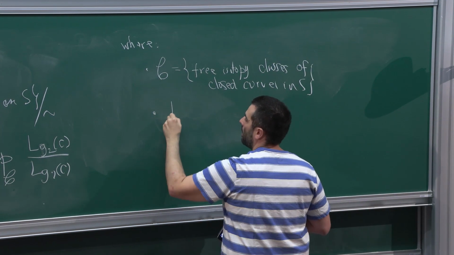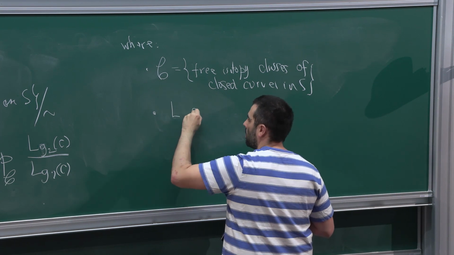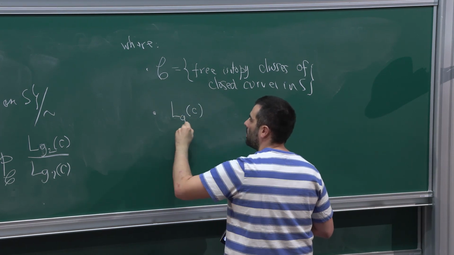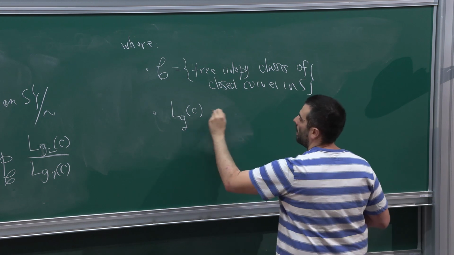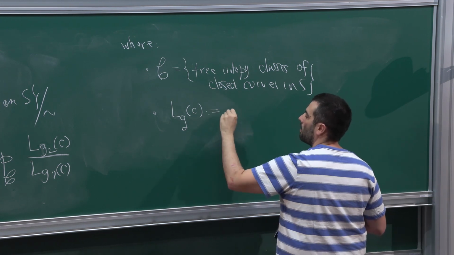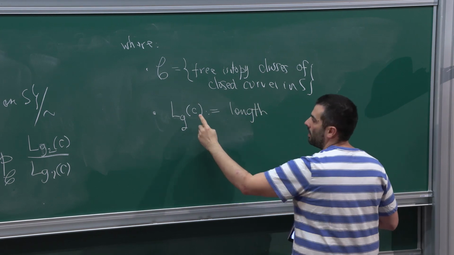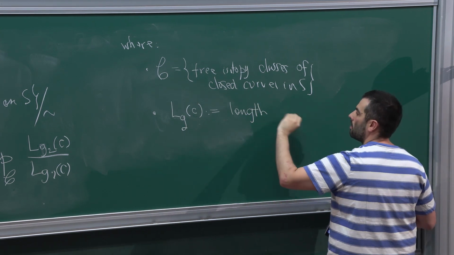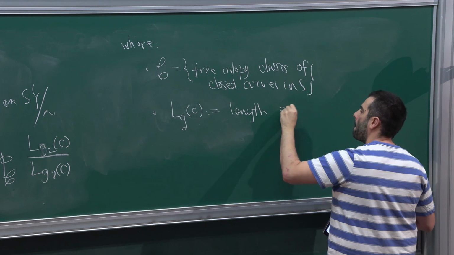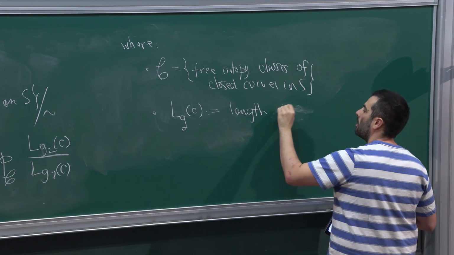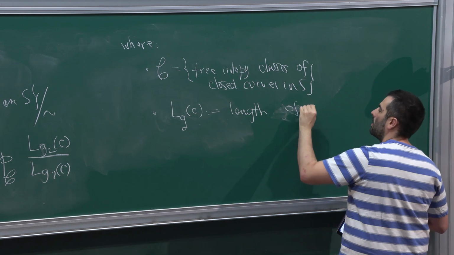The length of a given class with respect to a point in Teichmüller space is defined to be the length of the hyperbolic geodesic in this class, the unique geodesic in the class C.